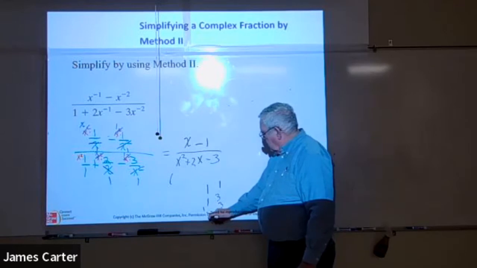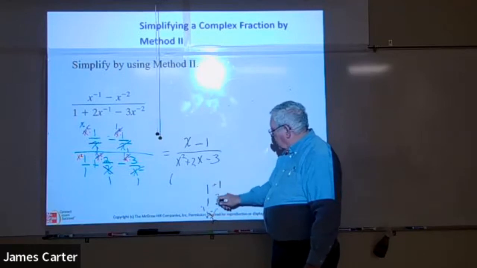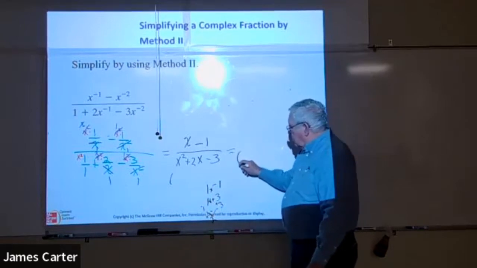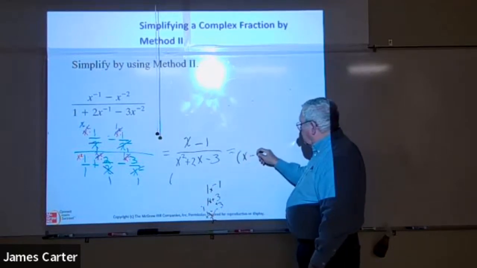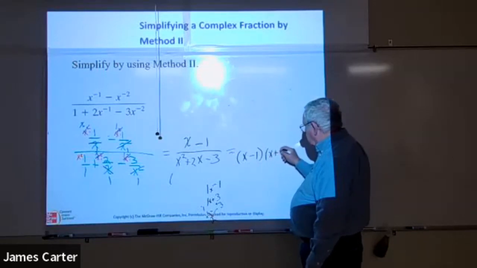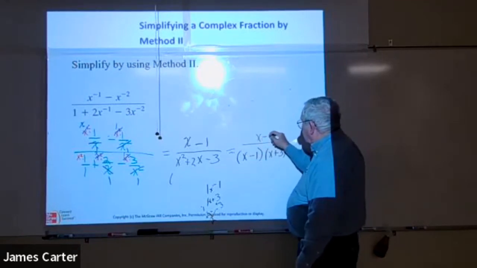For the signs, that 2 is a positive, so this has to be the positive, there's the negative. So here and here, put in the x's. So this thing factors into x minus 1 times x plus 3 over x minus 1.